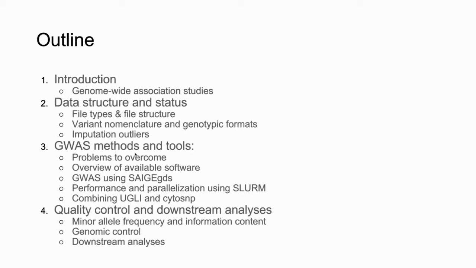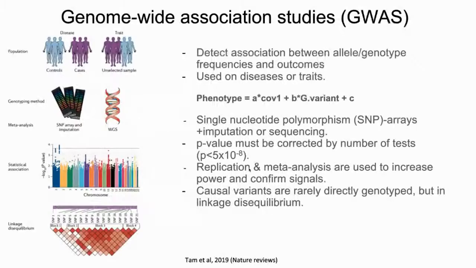We'll see some of the problems that you will have to face, and some of the software tools that you will use to overcome it. Then my partner Robert will give you some insight into more efficient use of the HPC to parallelize methods, some meta-analysis, then quality control, and some of the downstream analysis.